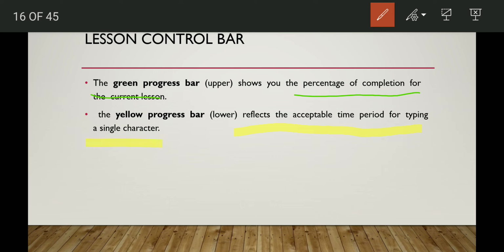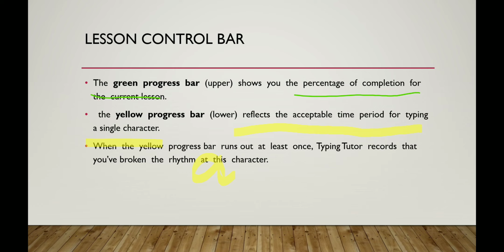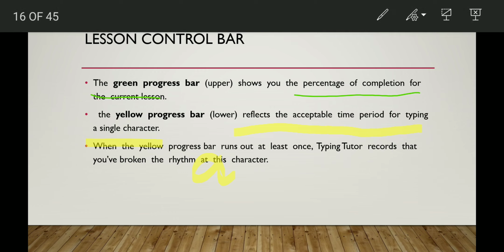Suppose typing A requires some seconds, but if you take more than that, there will be a delay, and the delay will be counted. When the yellow progress bar runs out at least once, the typing tutor records that you have broken the rhythm of the character.